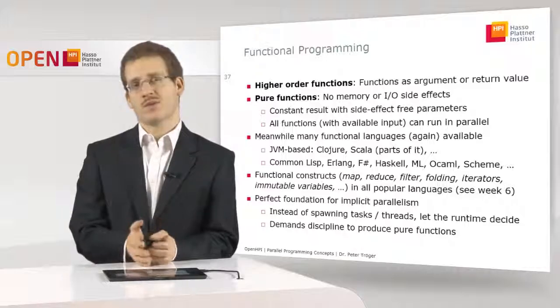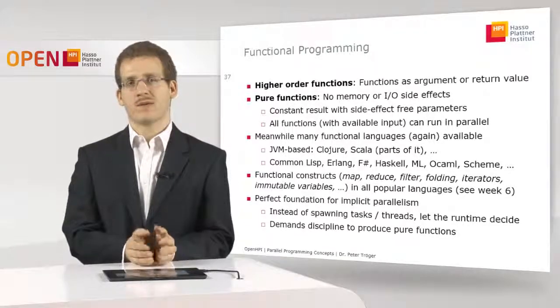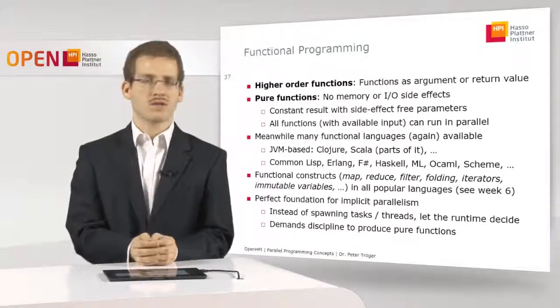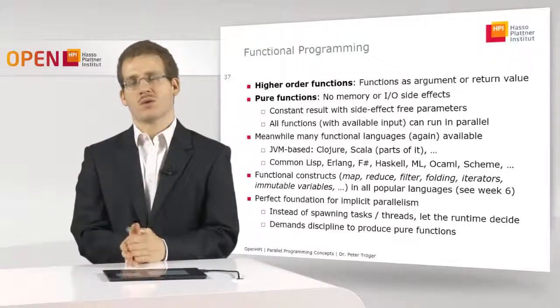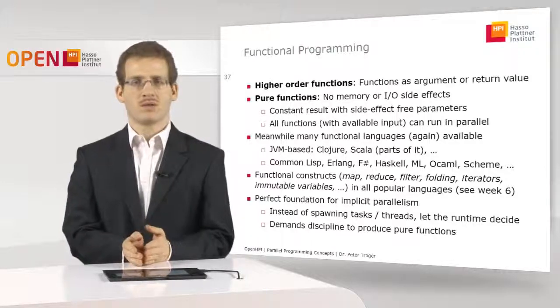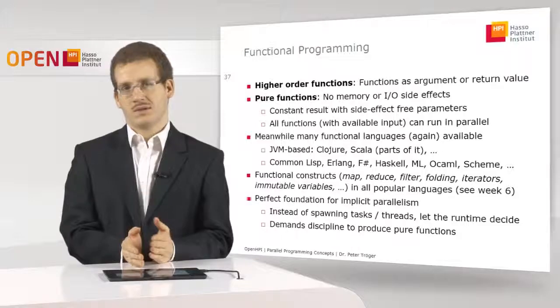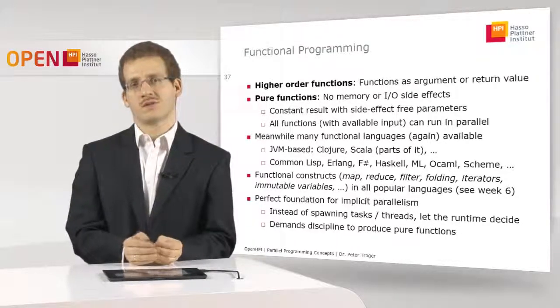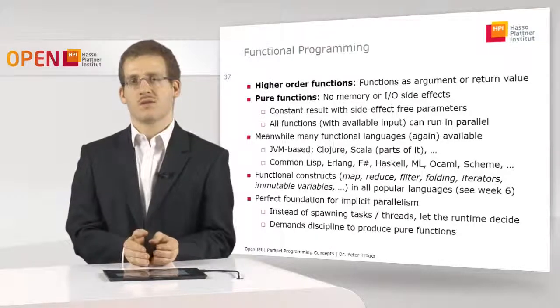And this is the perfect foundation for implicit parallelism, where we completely release ourselves from the definition of concurrent activities. Instead, we write our code in a way that a given runtime system or language compiler can completely decide how and which of the tasks should be parallelized on the given set of processing elements.